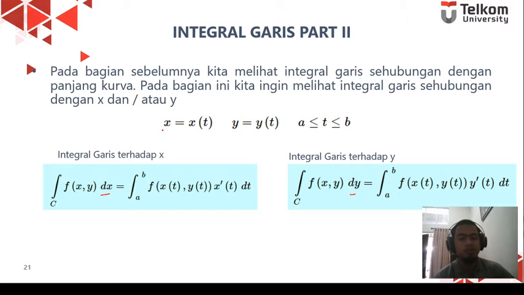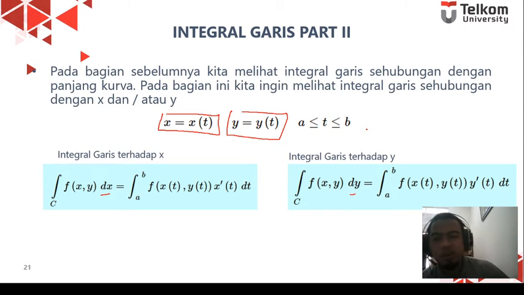As we mentioned before, we also use the parametric equation x equals x(t) and y equals y(t), with t from a to b. So to find the integral of f(x,y) times dx: dx equals x'(t) times dt, because x', the derivative dx over dt, times dt gives dx.